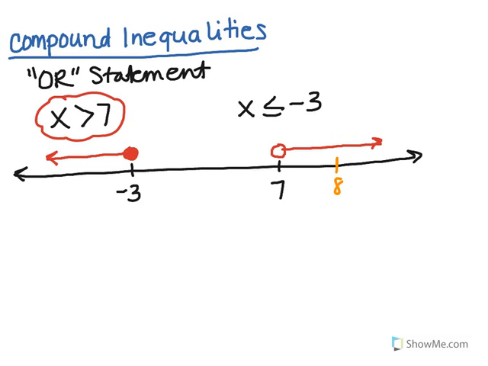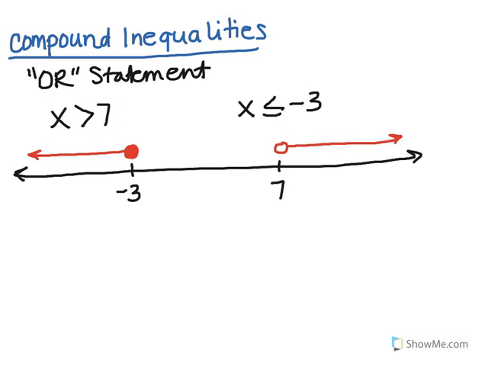Because while 8 is indeed greater than 7, it's not less than or equal to -3. So we cannot use the word "and" to connect these, because that means all the things that are true for both statements at the same time. Since they cannot be both true at the same time, we connect them with the word "or."